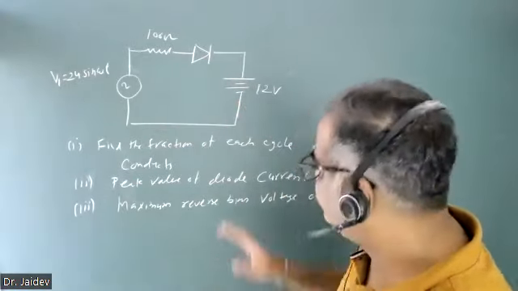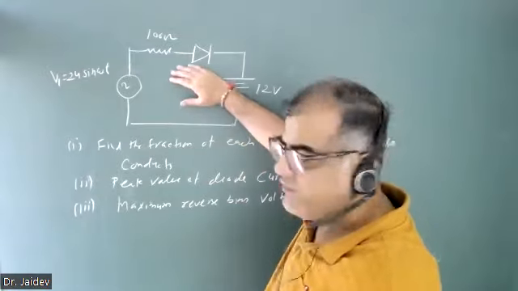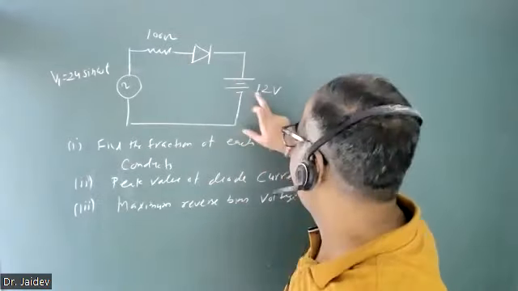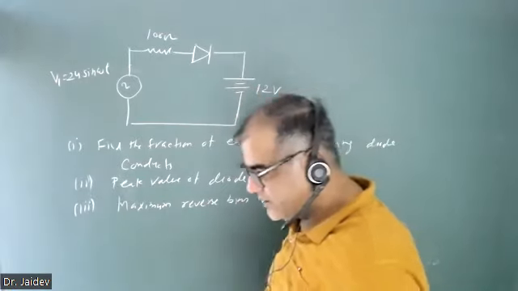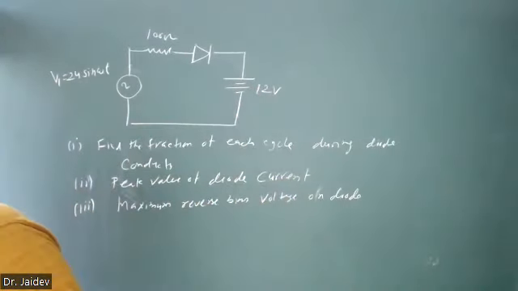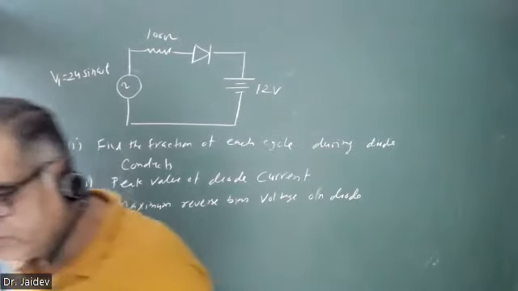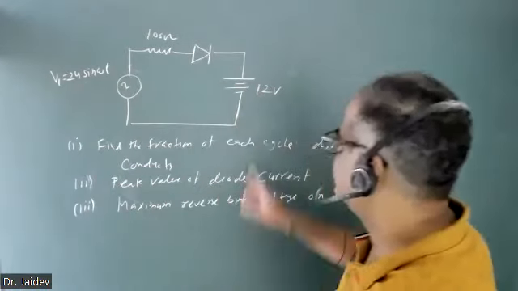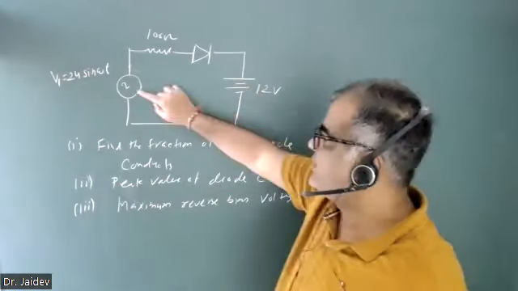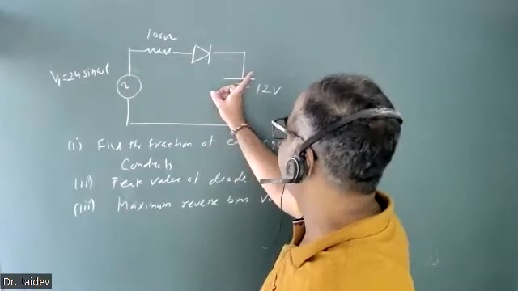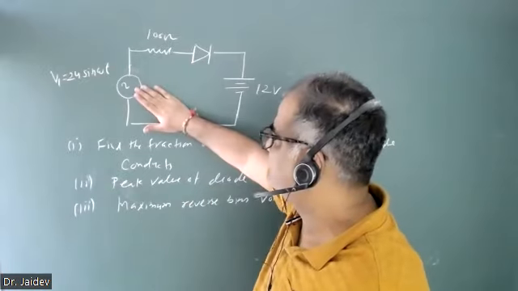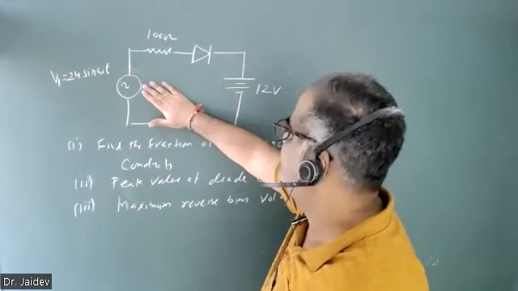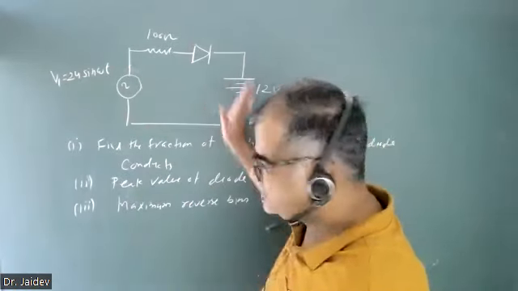Only in that time period will the diode be forward bias. Otherwise it is always reverse bias. You can see the negative of the battery is connected to the plus, which makes it reverse bias. Until this source voltage is greater than 12, the diode is in reverse bias. Once it is equal to or greater than 12, the diode will slowly start to conduct.